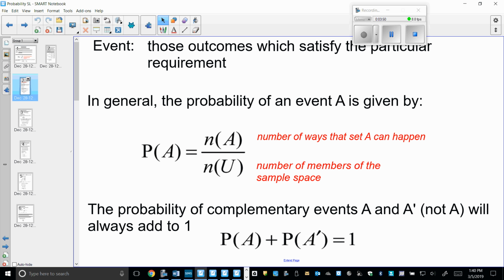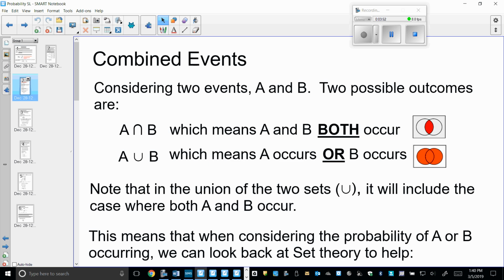Right, this intersection sign means that A and B both happen at the same time. It's a combined event. So who does chemistry?